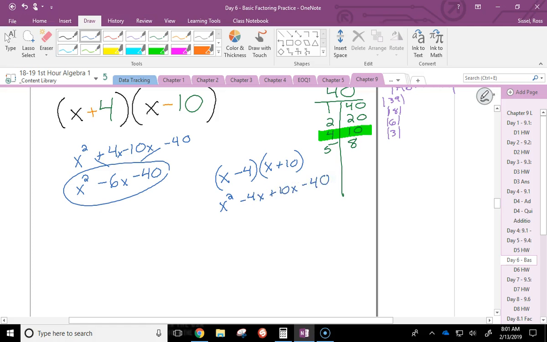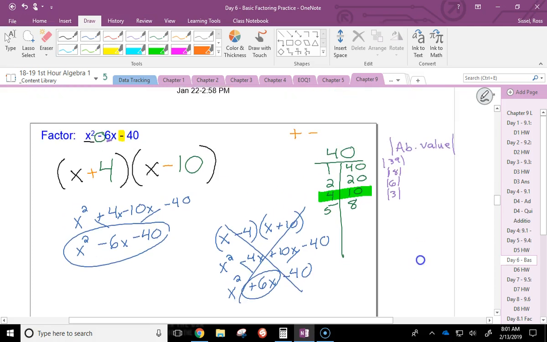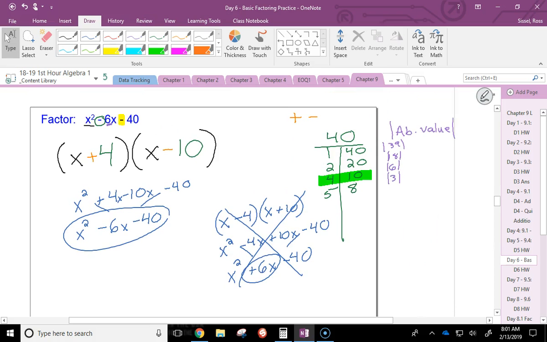So far, everything's looking okay. But negative 4 plus 10 would have given us positive 6x. And that does not match our equation. So, whenever we have c being a negative, pay close attention to what is happening to b.